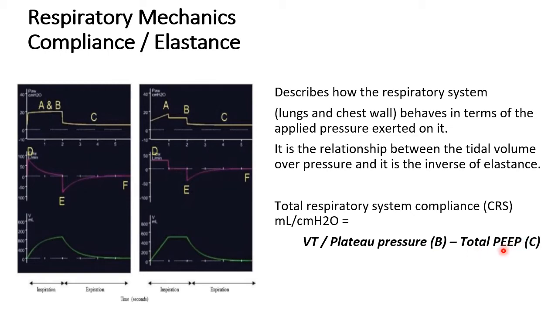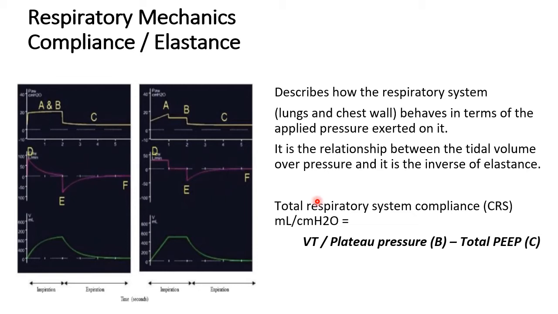And to get those numbers, you have to look at the figures here on the left. This is a patient on pressure controlled ventilation, and this is a patient on volume controlled ventilation. If you notice the difference, in pressure controlled there's basically no peak and plateau, it's only one pressure. So that's inspiration and exhalation, which is C. And then the flow, the peak inspiratory flow, peak expiratory flow, and the tidal volume.